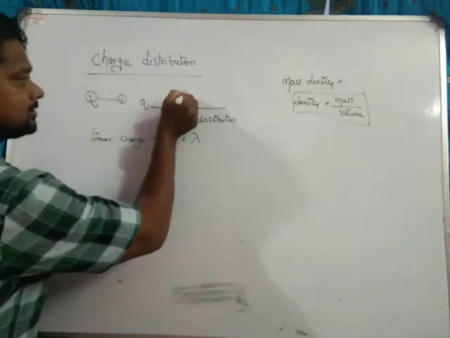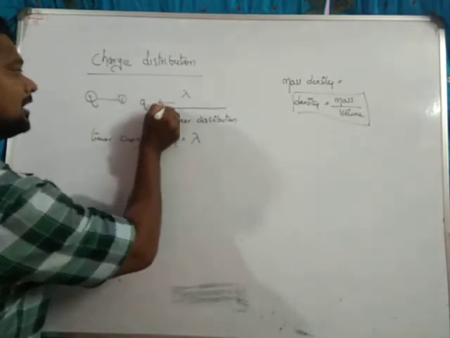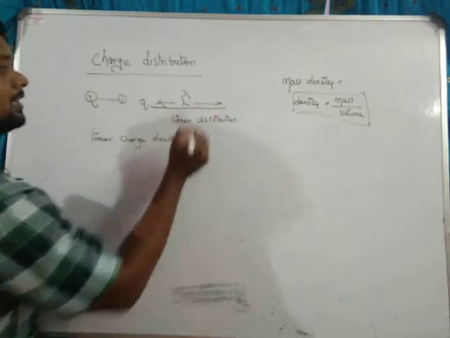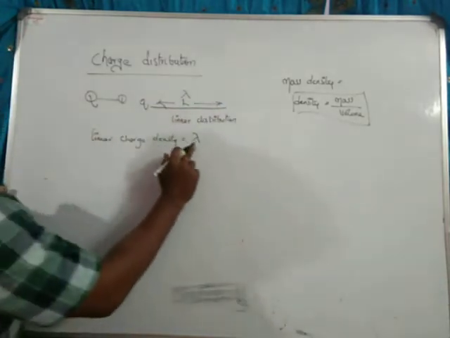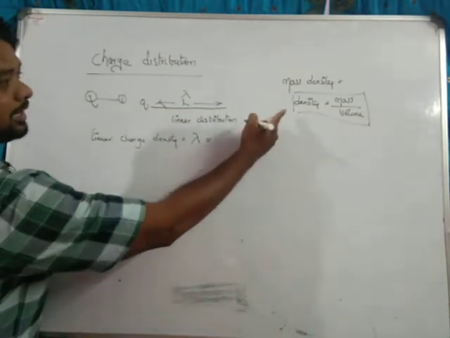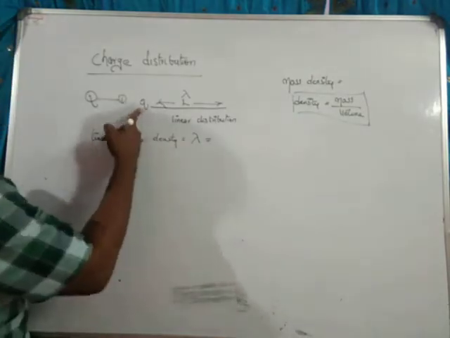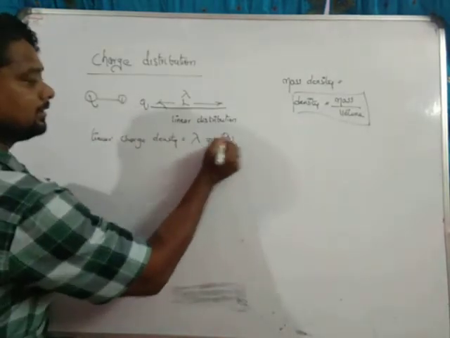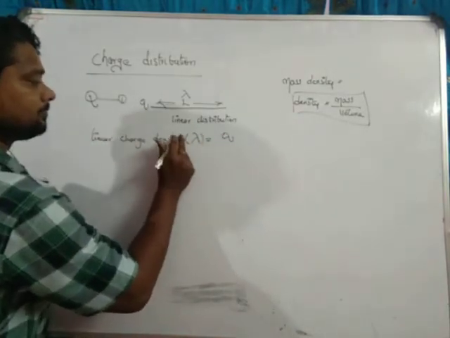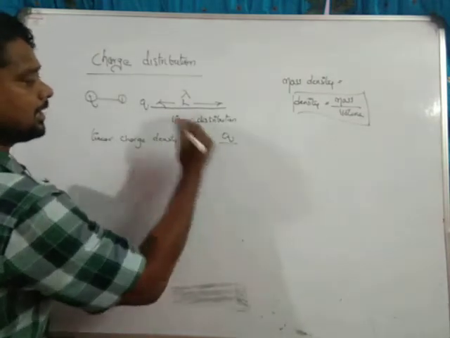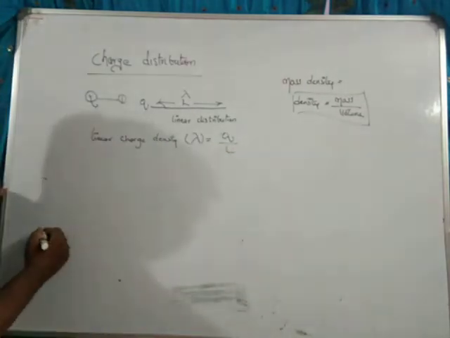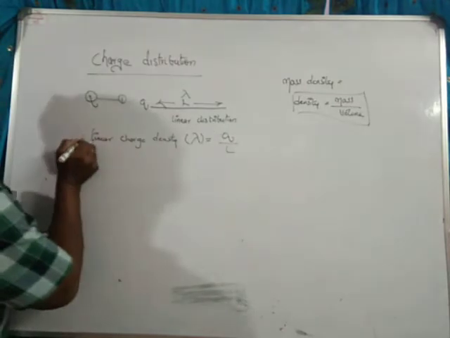The charge is distributed along the length L. Lambda is equal to charge upon length, just as density is mass upon volume, but instead of mass we consider charge. This is the first one.